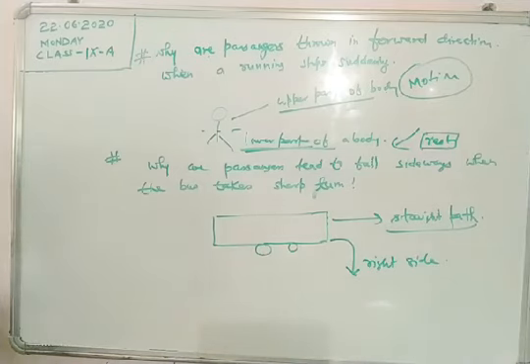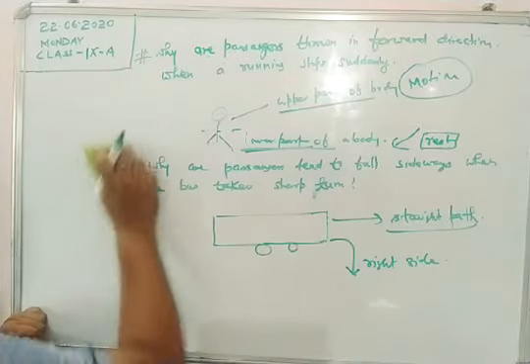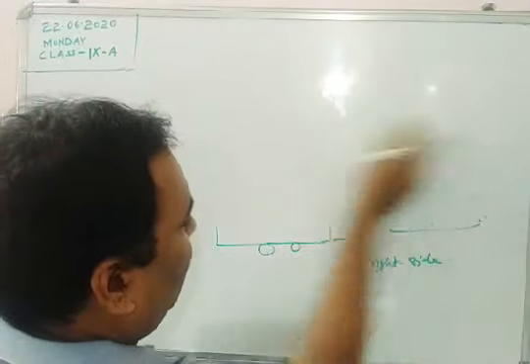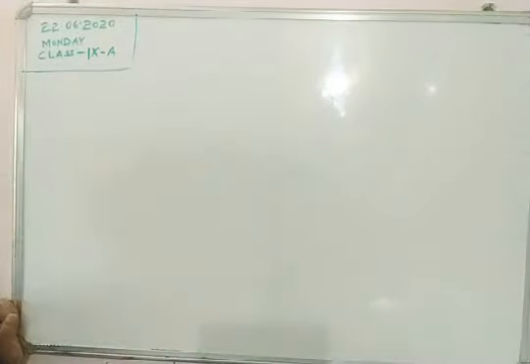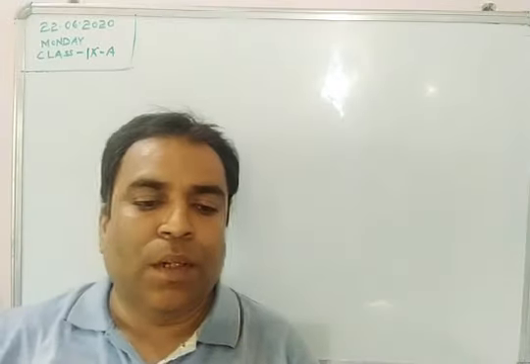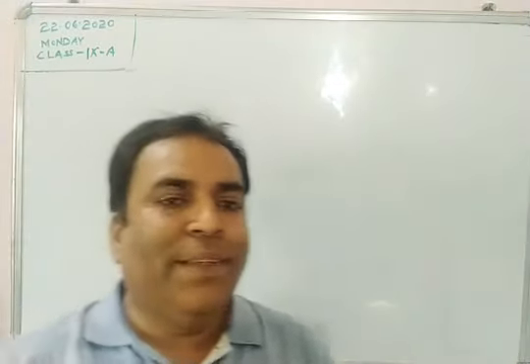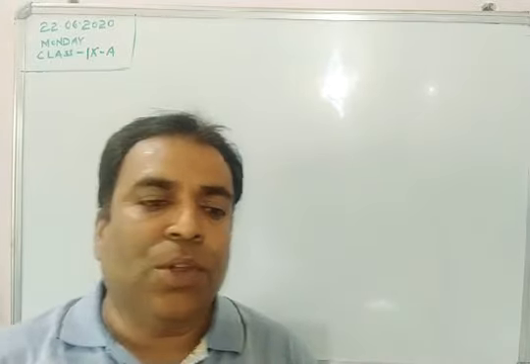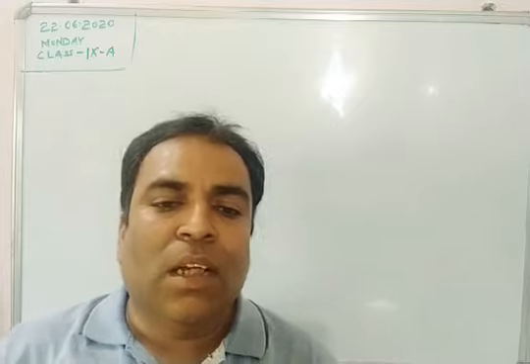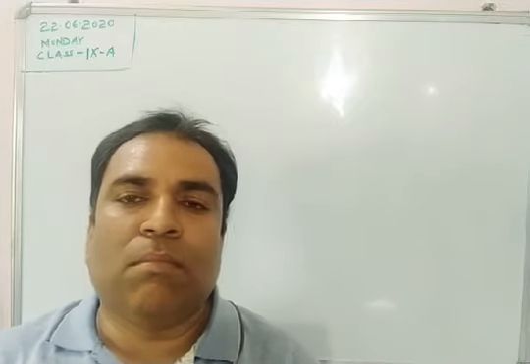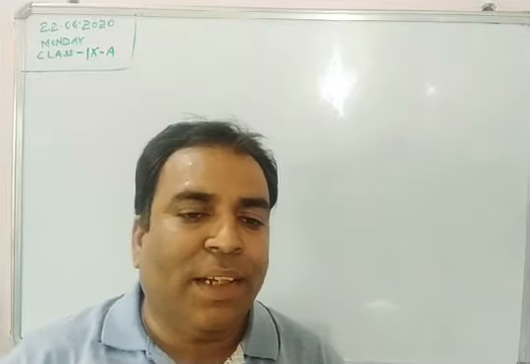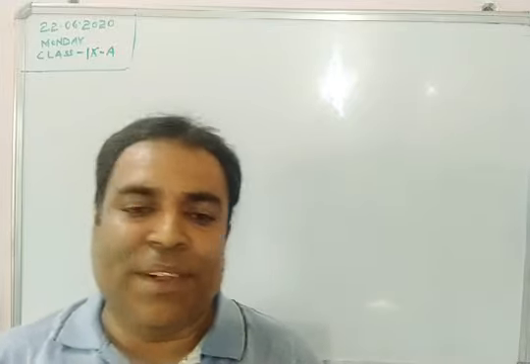Now let us discuss some more applications in reference to this inertia property. In the first application, I told you that when a bus gets stopped suddenly, passengers are thrown in the forward direction.